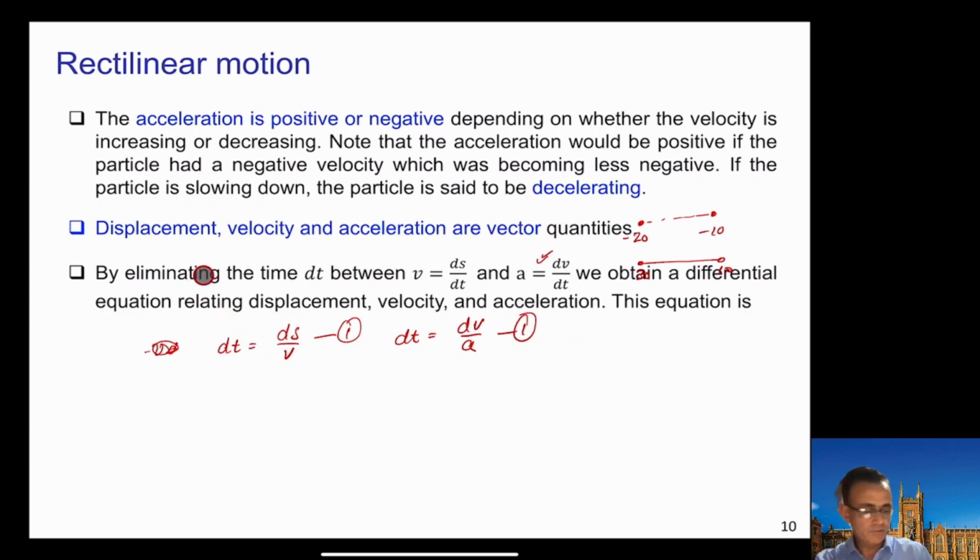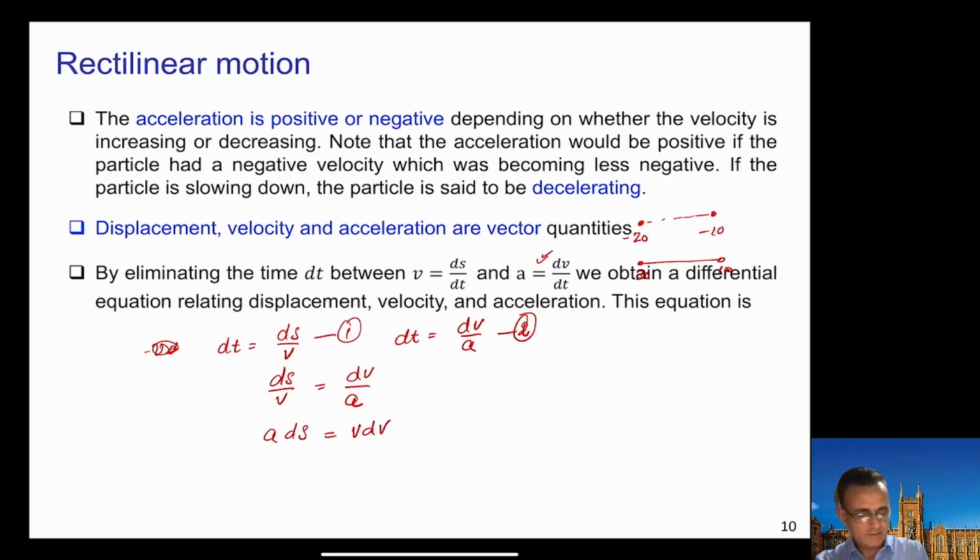So you have two equations here and both are equal to dt. If you equate these two right hand sides, this means that ds by v is equal to dv divided by a. You can write that a ds equals v dv.